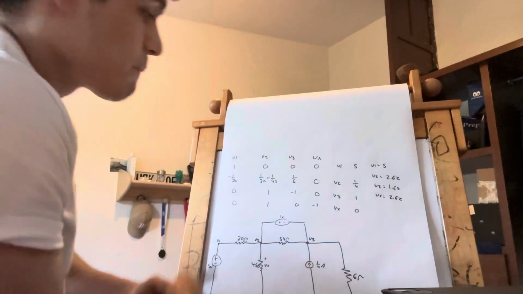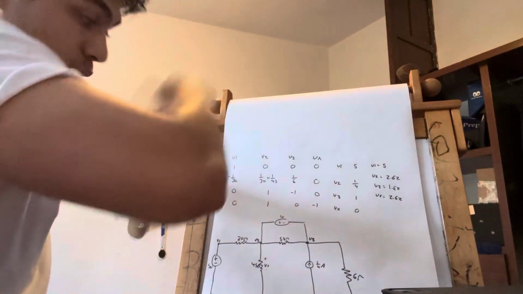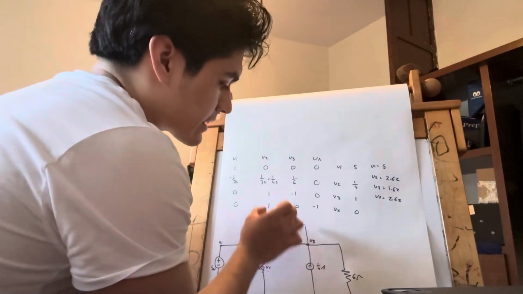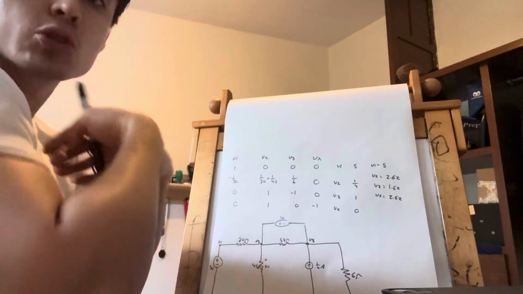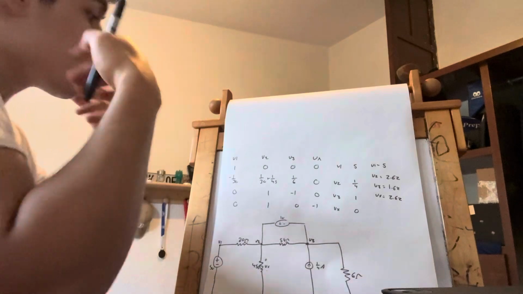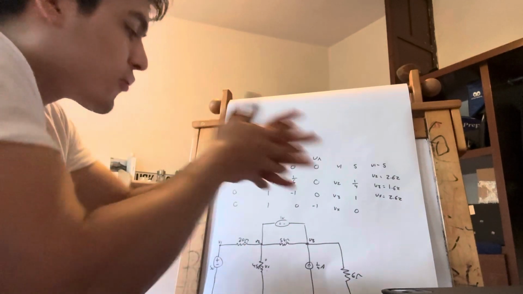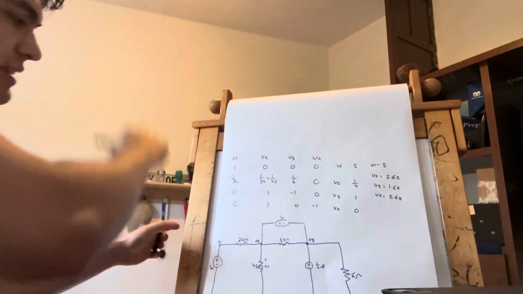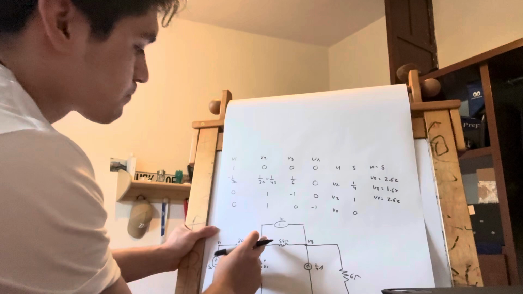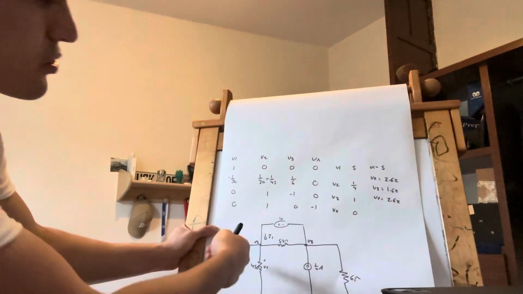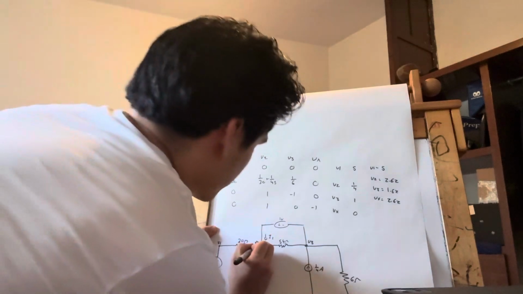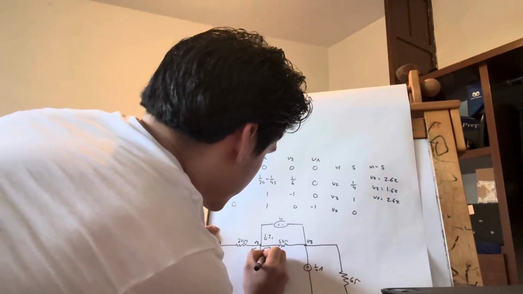So now, what should we do next? We need to find out if this voltage source is absorbing or supplying power. It's not that difficult. See, we're going to suppose that a current I1 is entering here, and here are the other currents coming out.